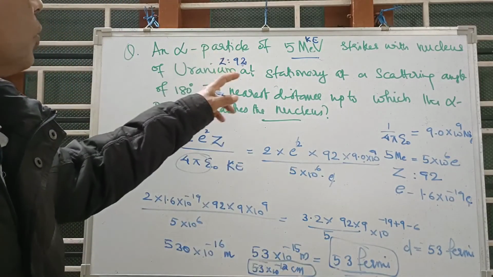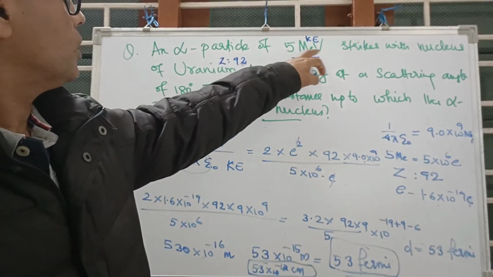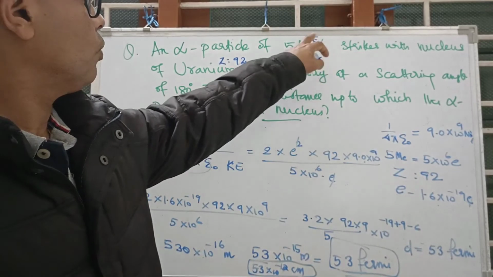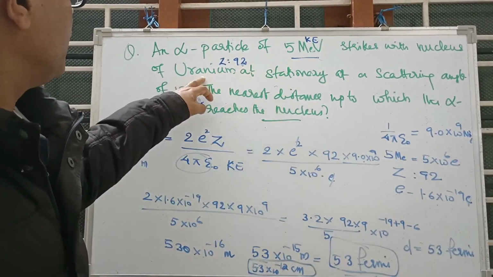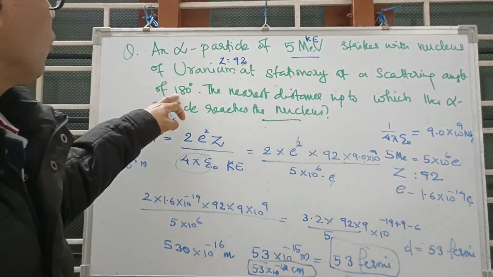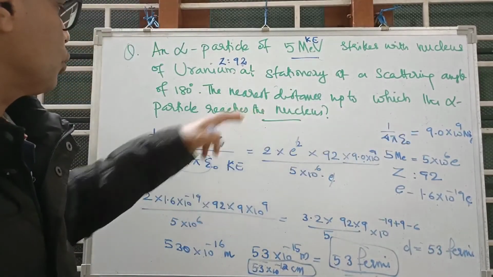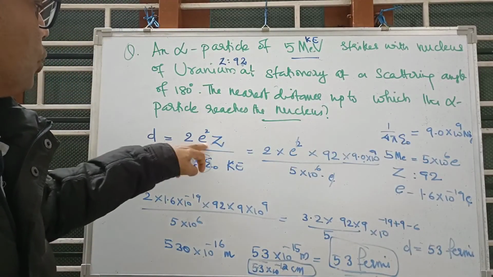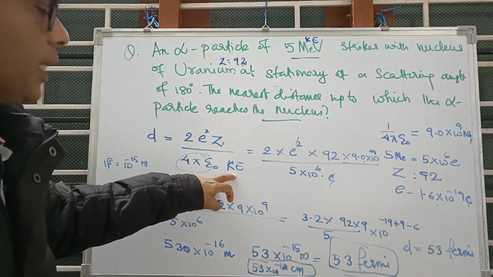I'll just explain once again. An alpha particle of 5 mega electron volts, that is the kinetic energy. We know the kinetic energy. With uranium, Z is equal to 92, stationary, scattering angle 180 degrees, that is nothing. So they want the distance of closest approach. D is equal to 2 E square Z by 4 pi epsilon 0 into kinetic energy.